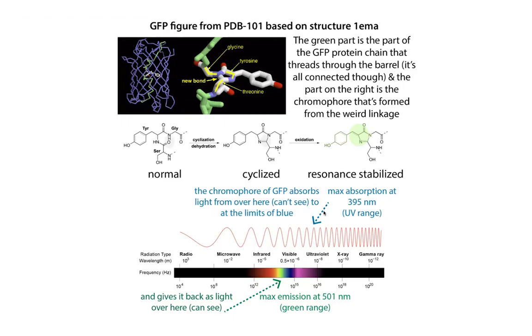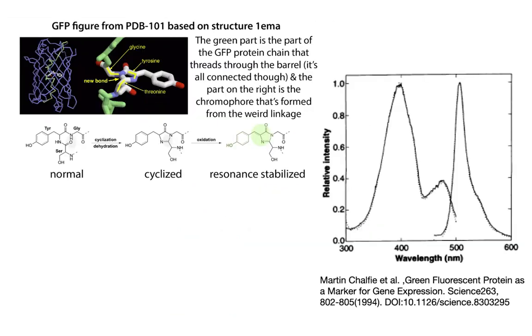So for example, GFP, green fluorescent protein, which we'll talk more about in a minute, is going to absorb maximally at 395 nanometers, so in the UV range, and let off light at maximum emission at 501 nanometers, which is in the green range. And that's why we see green with GFP. As to how structurally it's doing it, it's actually really cool because a lot of fluorophores are small molecules.